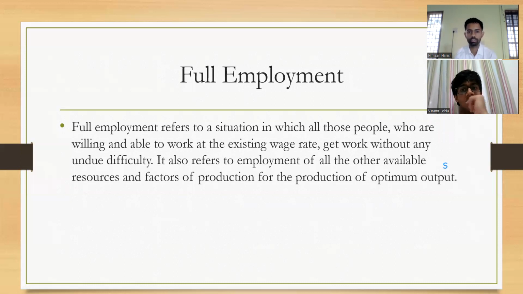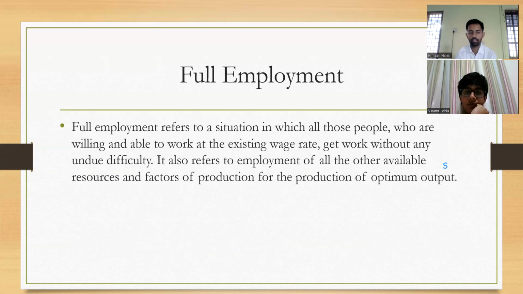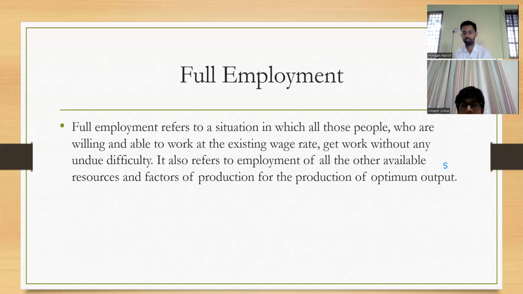So it's a perfect situation where all the labor are able and available to work at the existing wage rate without demanding a higher rate, and they get work without any undue difficulty. The factors of production and resources are also available, and the output is at optimum levels. Therefore, this is known as full employment.